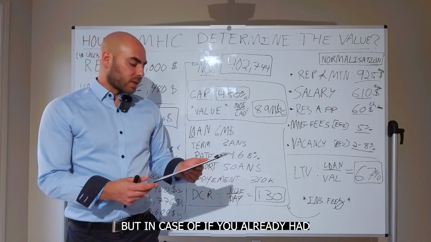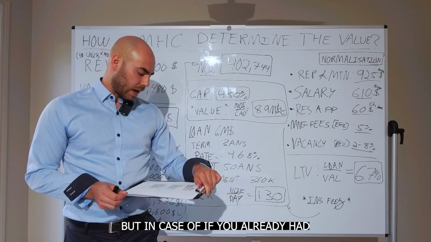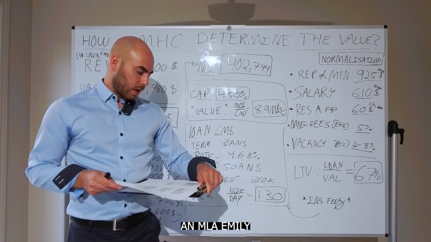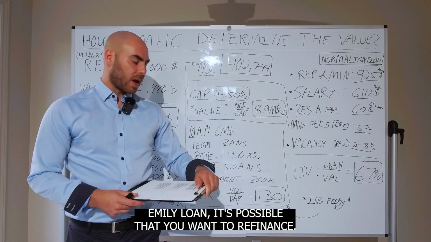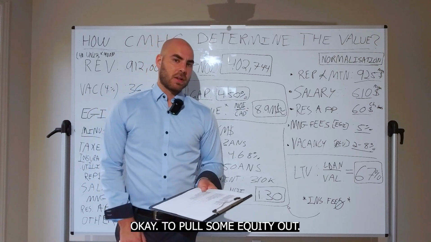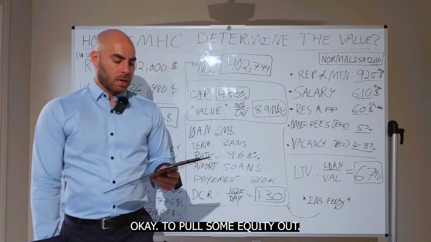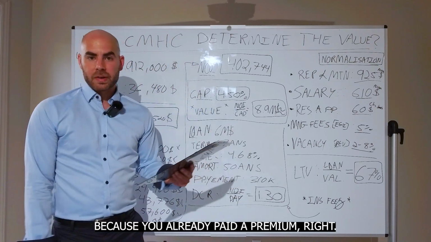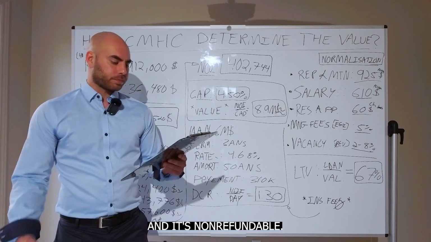But in case you already had an MLI loan, it's possible that you want to refinance to pull some equity out. How does that work, because you already paid a premium, and it's non-refundable?